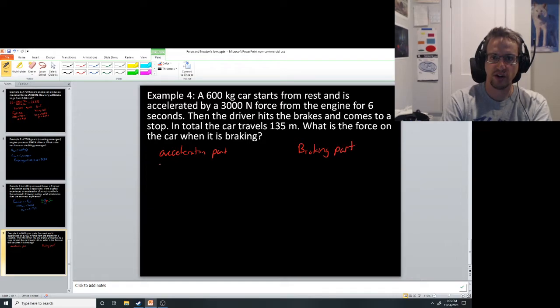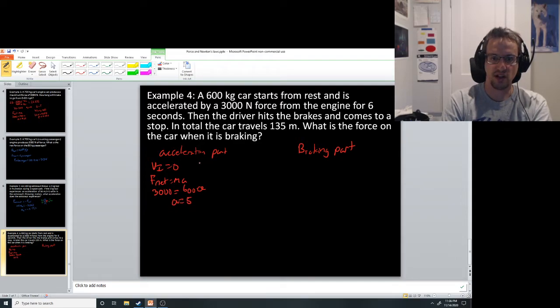During the acceleration part, we've got V initial equals 0. It starts from rest. We've got F net equals ma, which is 3,000 equals 600 times acceleration, which means acceleration is 5.